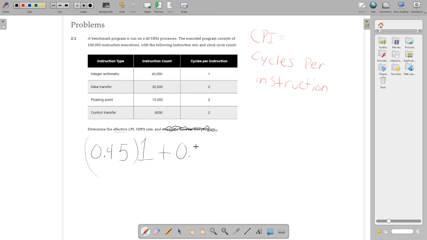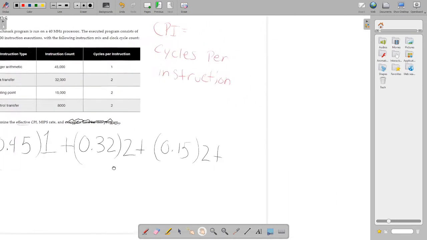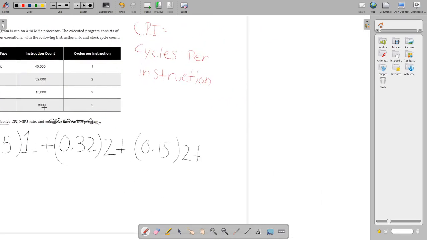32% of the instructions are data transfer, which take 2. And then 15% take 2, which are the floating point ones. And then last we have 8,000 out of 100,000, so 0.08 take 2.